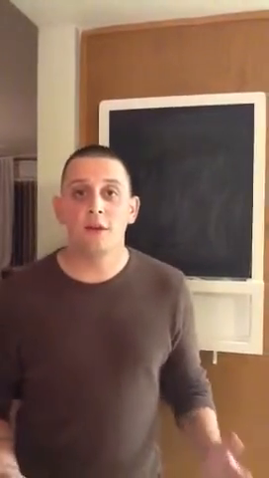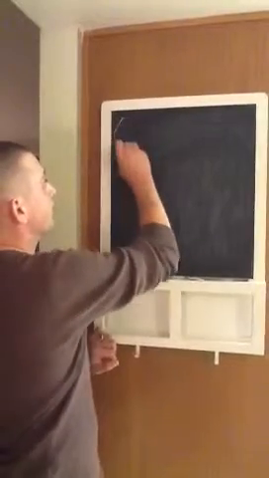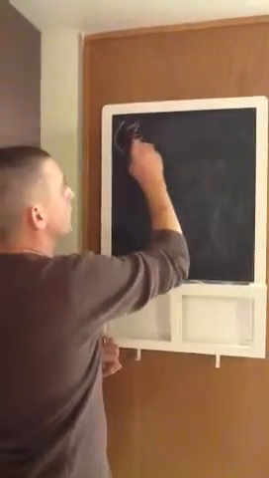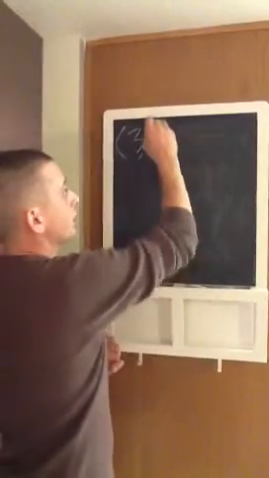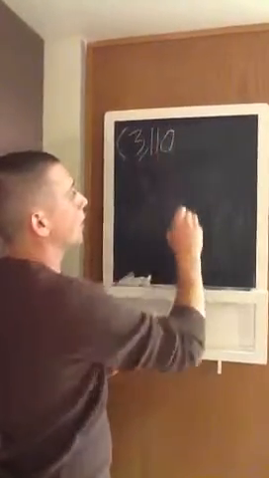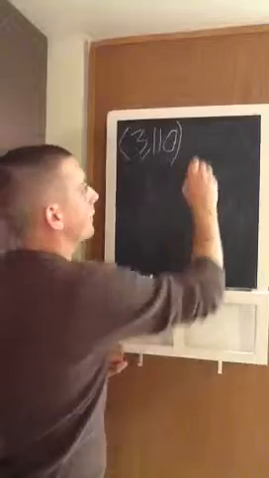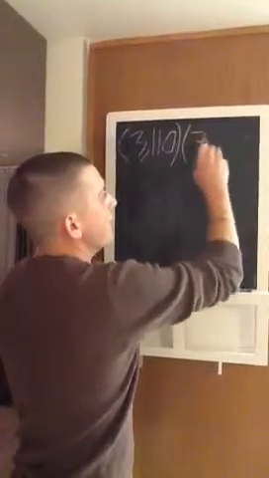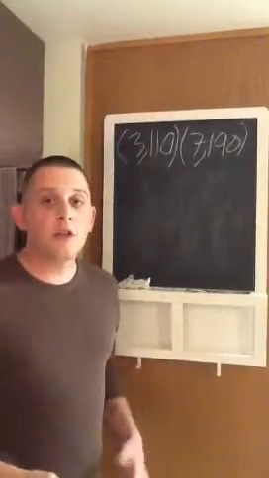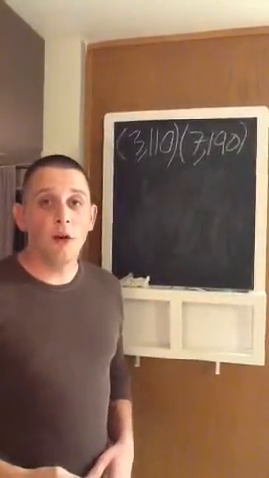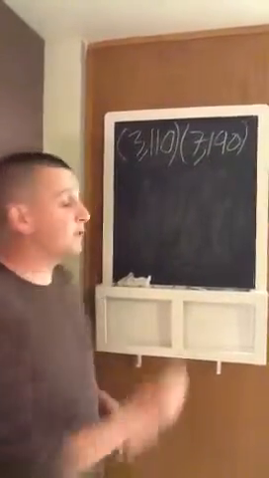First, we're going to set it up like this. 3 days will represent X in this pair of coordinates. The corresponding Y value is 110. Then 7 and 190. We're going to use the y-intercept formula, or y equals mx plus b.